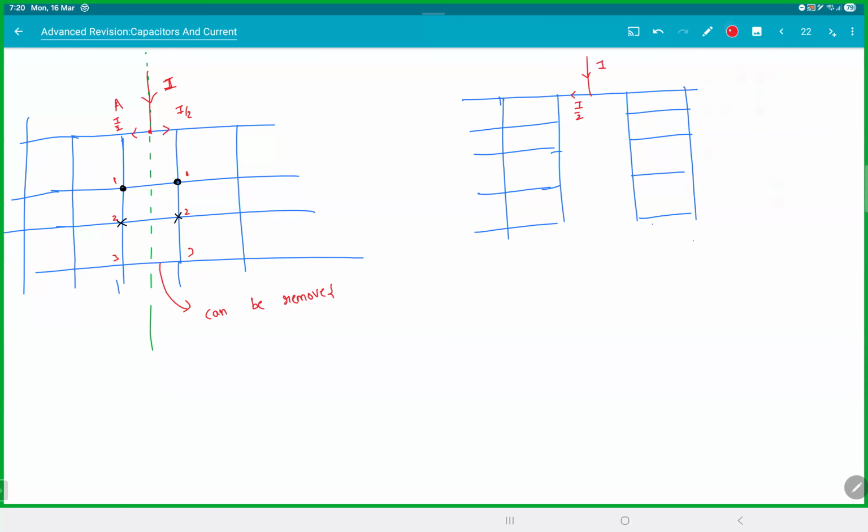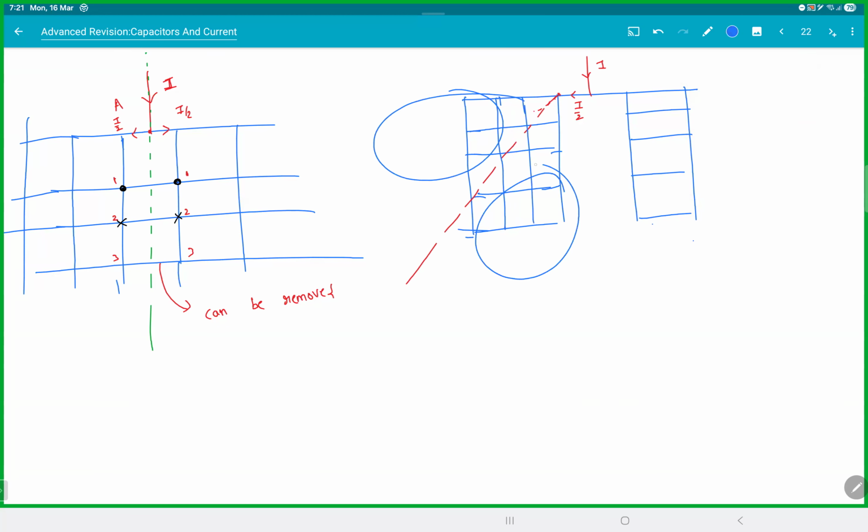And again, can you notice something here? If you see from here, again, I didn't draw it properly. If you draw a line passing like this, can you see even that will be symmetrical again?